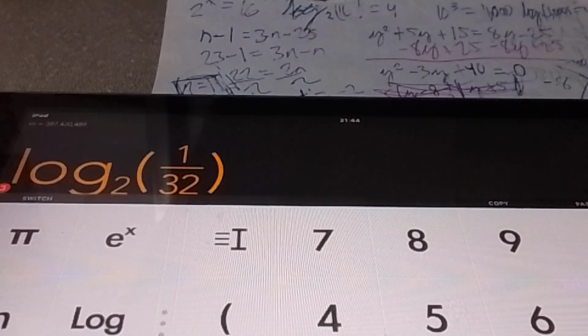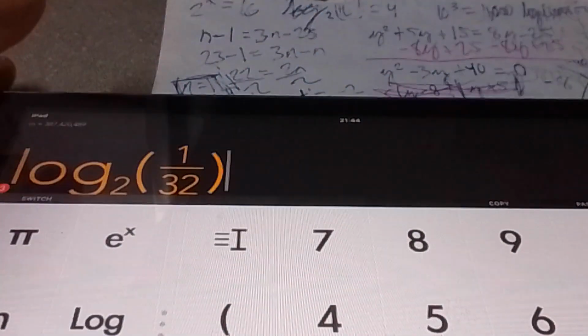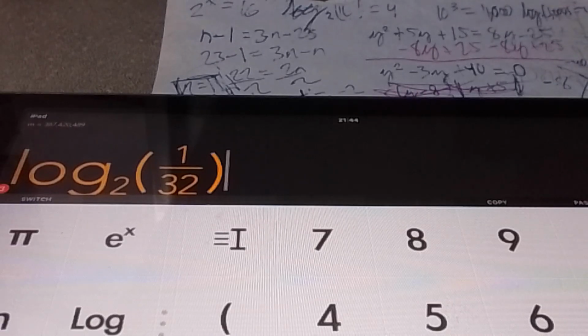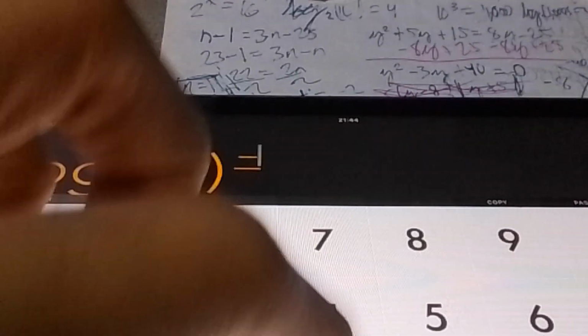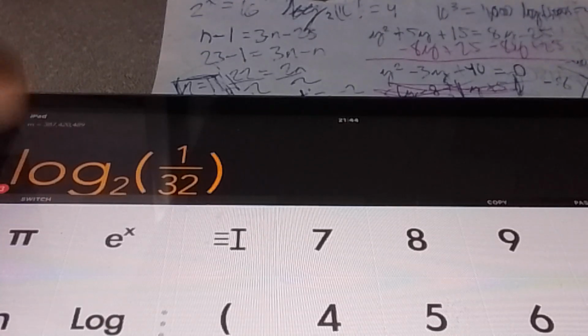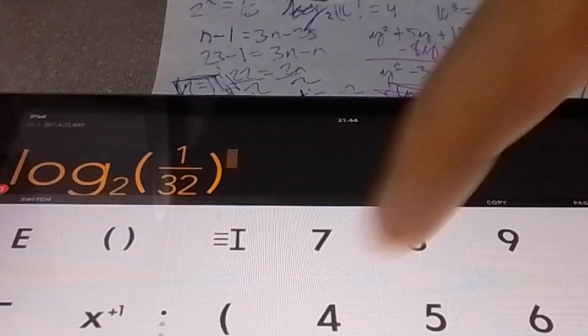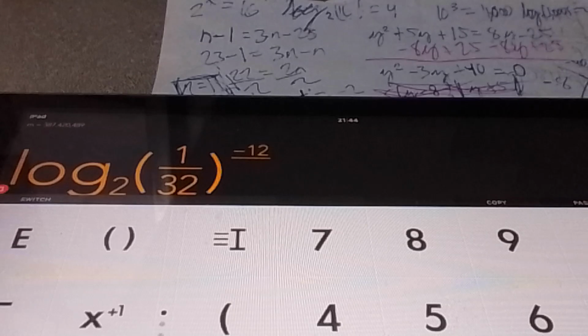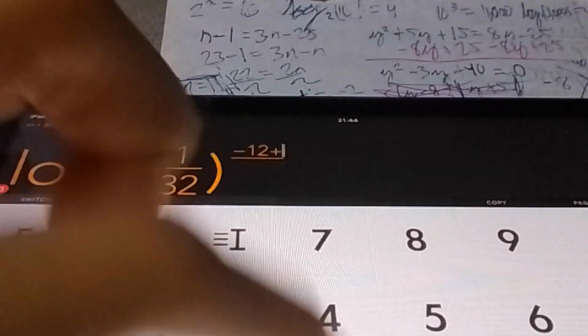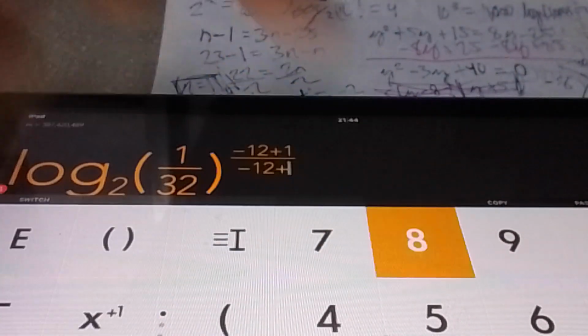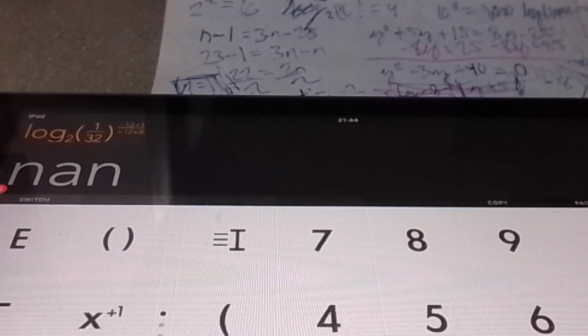That's being raised to the fraction of negative 12, plus 1, all divided by negative 12 plus 8. Do you know the answer that we're supposed to get is NaN? Why NaN? Because it's infinite. So therefore, negative 12 is not a valid answer.